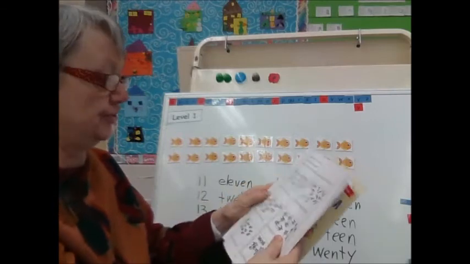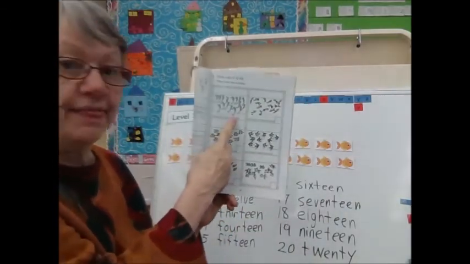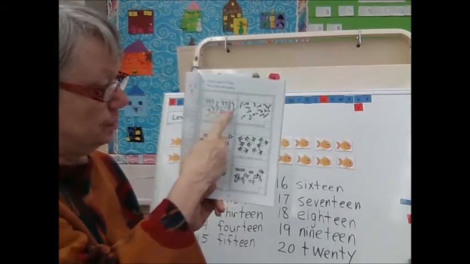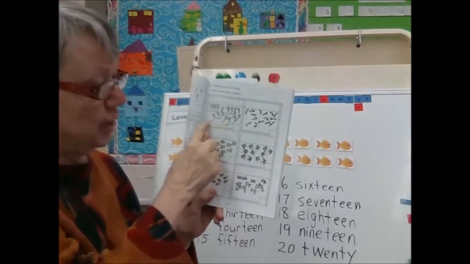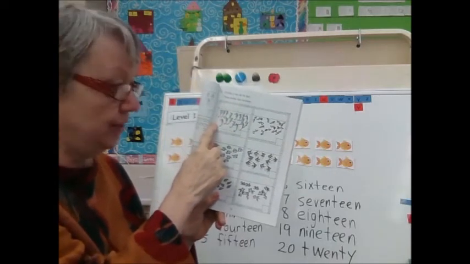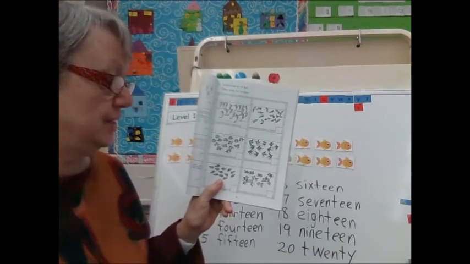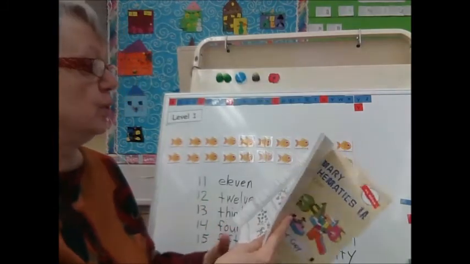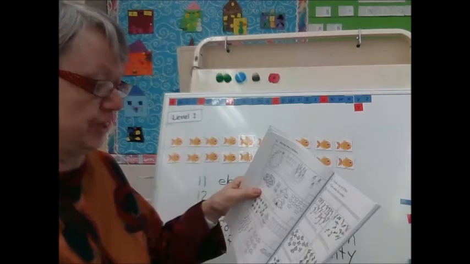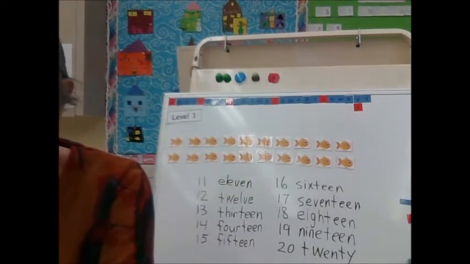The third page for exercise 35, you will look at each picture, and what you should do is circle 10, okay? Circle 10 so that you can count up from that, all right? And I will show you in a moment how you have to do that, all right? So those are the 3 pages that you have to do in your workbook.